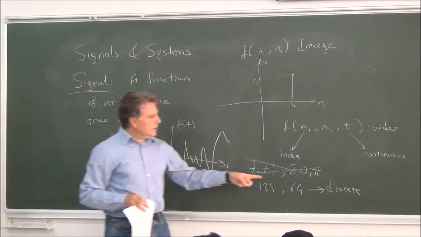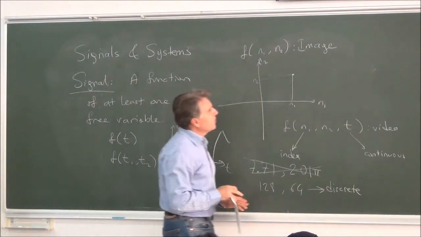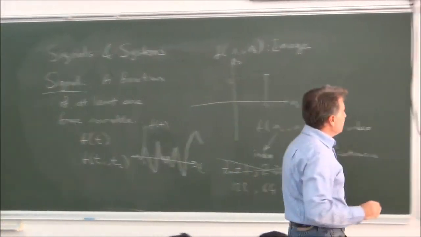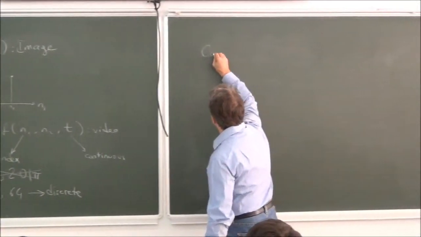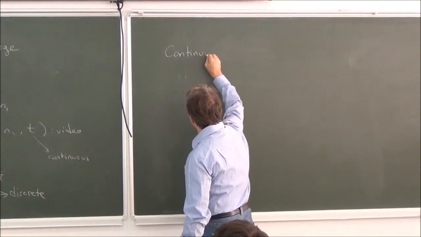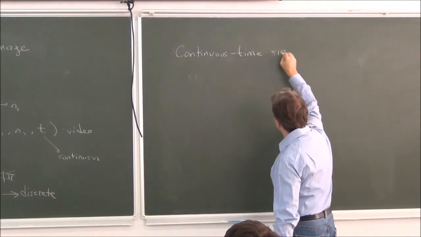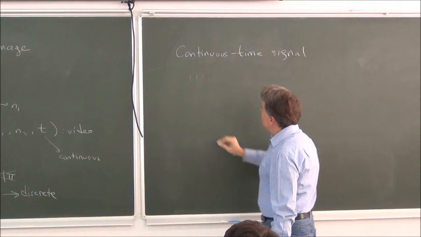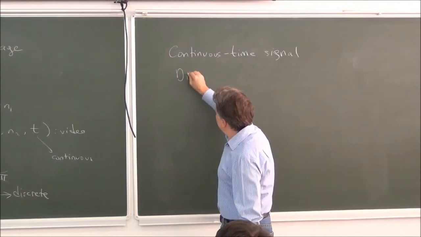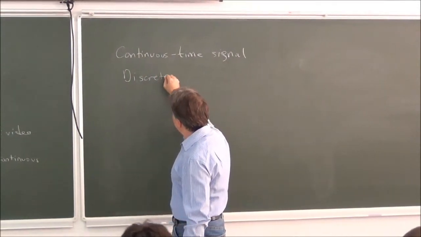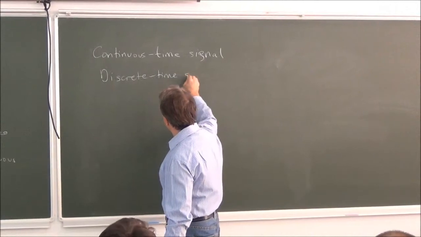And the difference between these two will be notated as a continuous time signal and a discrete time signal.